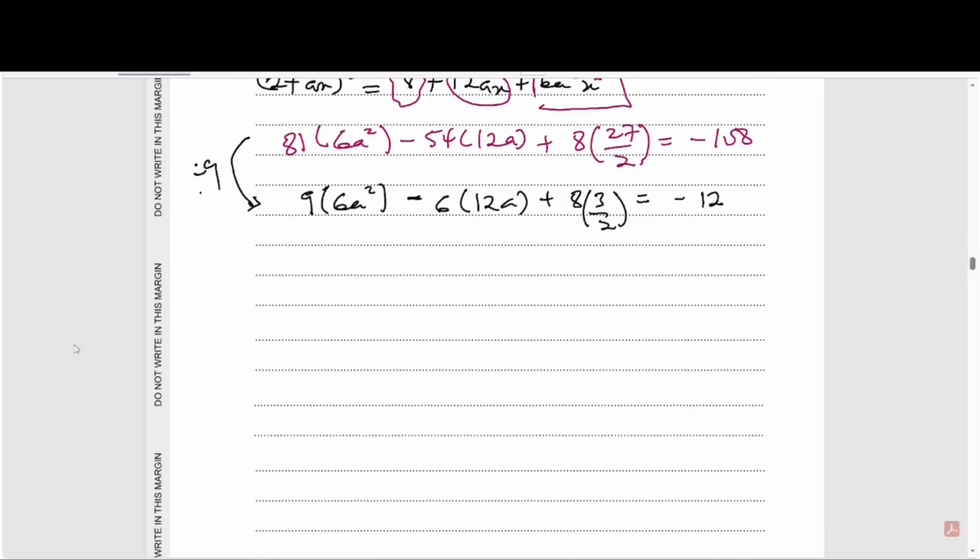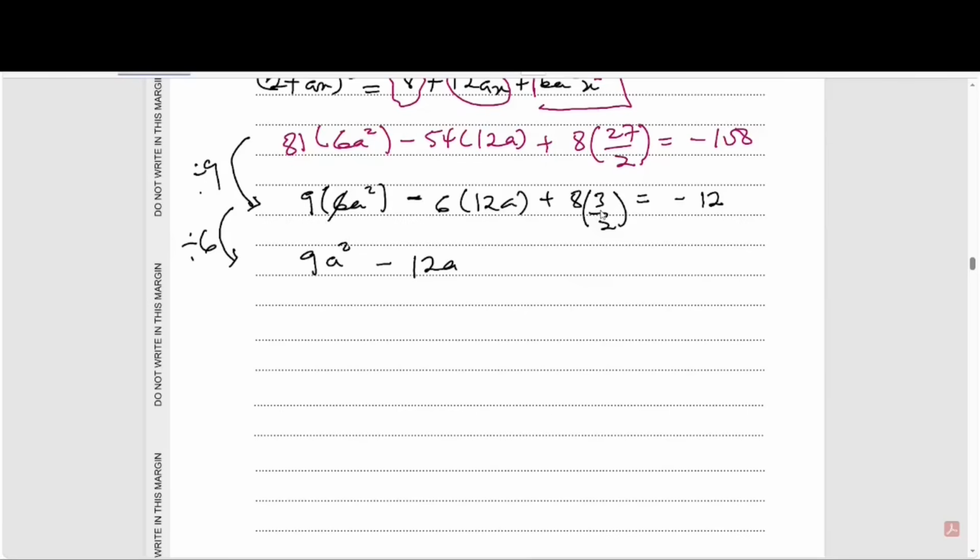Then I can either multiply the numbers and get my quadratic, or still decide to reduce the coefficients. And I think 6 will divide every other number. I'm going to divide through by 6 also. For the first one, I have 9 and then a squared because the 6 takes out the 6. Then minus, 6 takes out this and I have 12a.